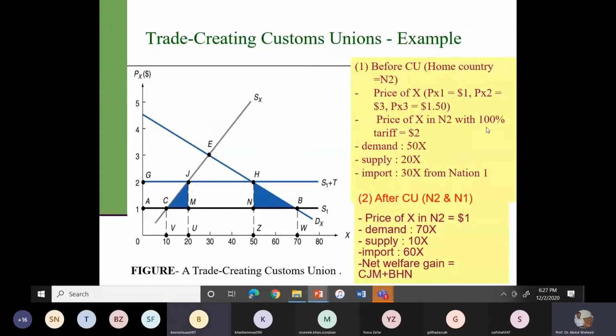Now we want to make a block, then we want to remove the tariff. Why do we make a block? For the importing nation, other than the increase in consumption, there is no other benefit from it? The government's revenue from the tariff, that is also a welfare gain. There is a welfare gain also, no? This deadweight loss area is exactly no more.